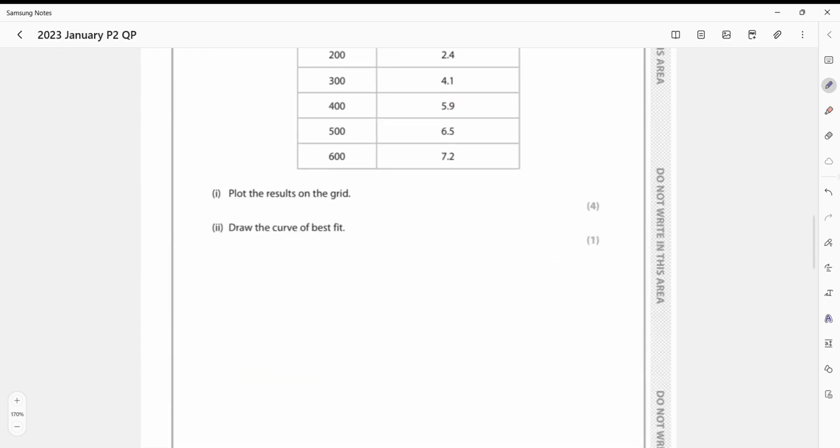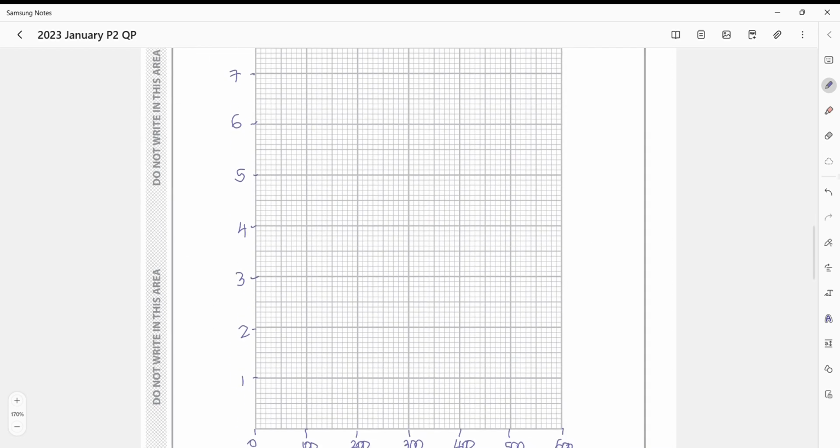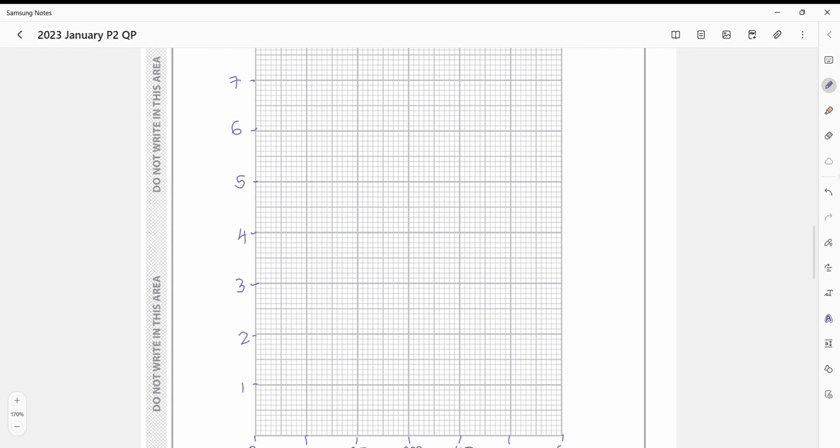Don't forget to label the axes. So that is percentage change in mass of hemoglobin.